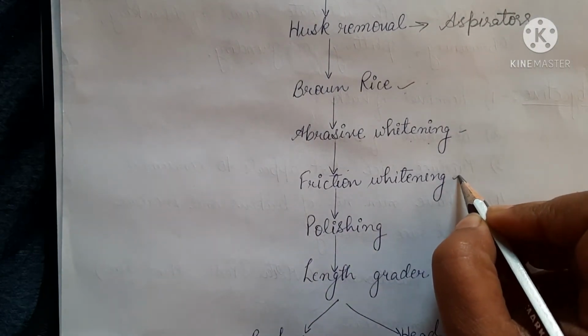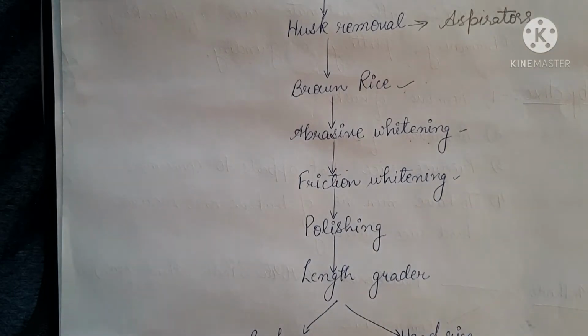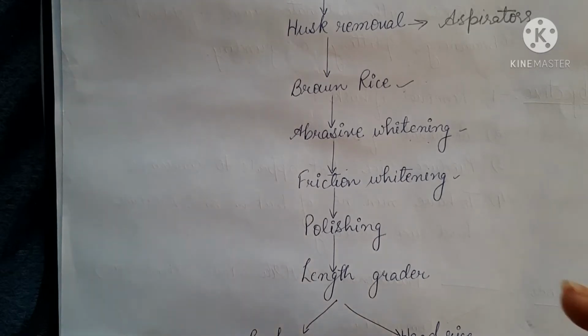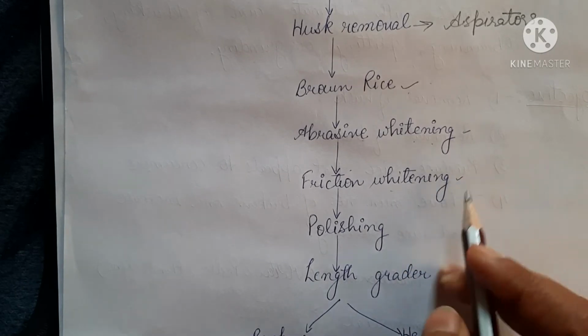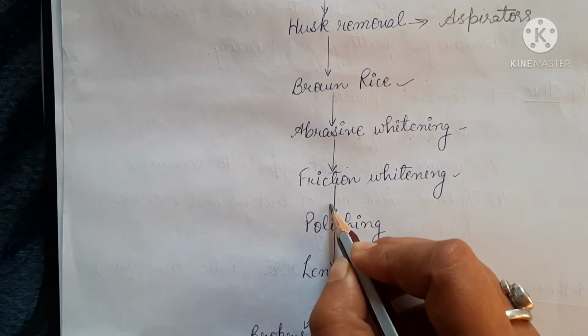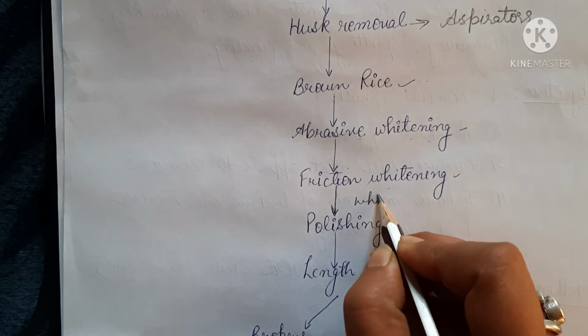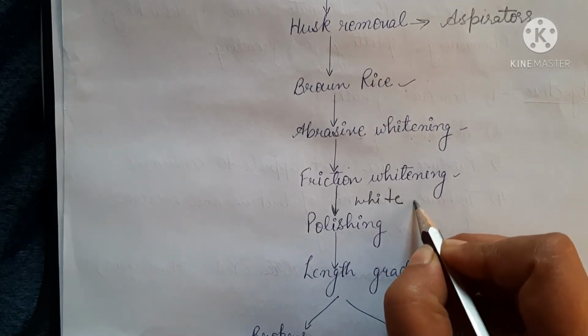The rice kernels collide with each other, or rub against each other, creating friction between them, and that is known as friction whitening. And what we get is, sorry, I missed it, white rice.